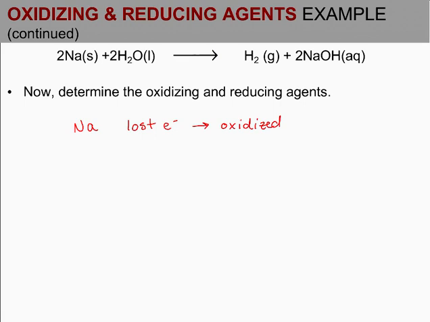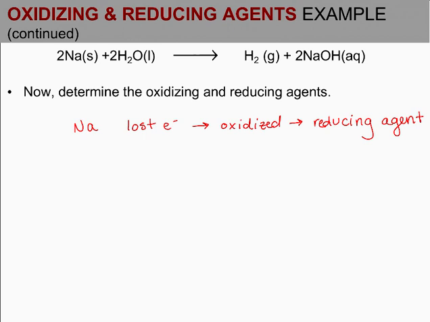That means that it is the reducing agent. The way that I always remembered this when I was learning about redox reactions is, if something was oxidized, then it's the opposite agent. So sodium is oxidized, so it's the reducing agent.